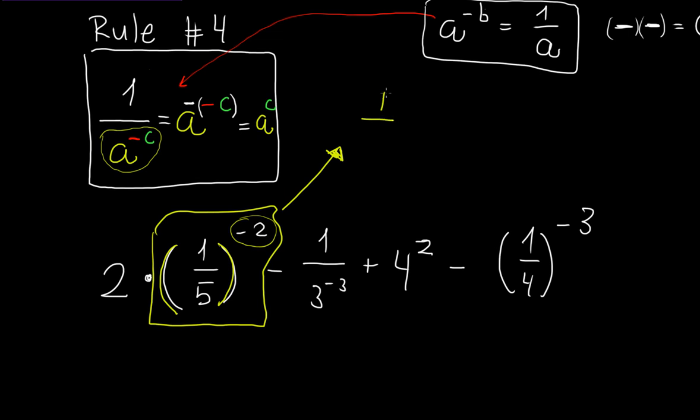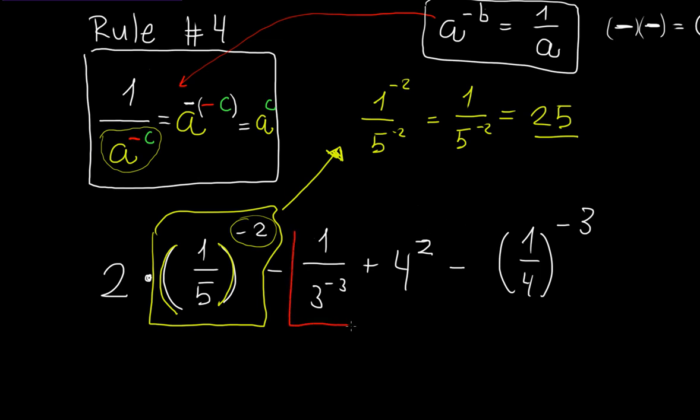So this is equivalent to 1 to the power of minus 2 and 5 to the power of minus 2. 1 with any power is 1. And 5 to the power of minus 2 is exactly the rule that I just described right here. So the result is 25 because we applied the rule.